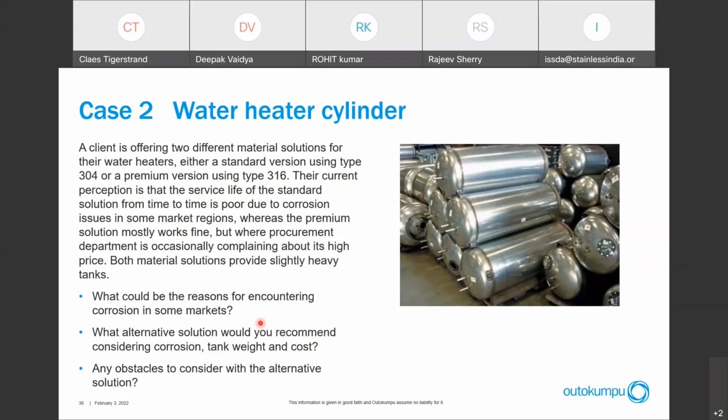Their current perception is that the service life of the standard solution from time to time is poor due to corrosion issues in some regions, whereas the premium solution works fine in most cases, whereas the cost is slightly too high. So what can be a good solution here?